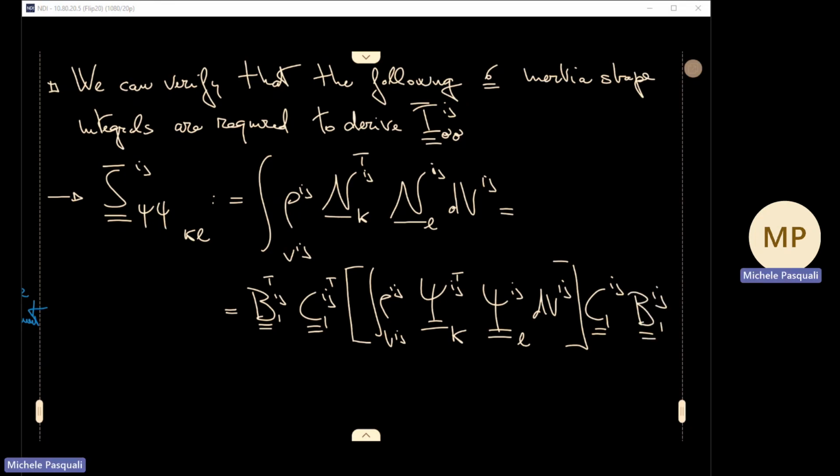So what are these K and L? These are row vectors, not column vectors. This is the kth or the lth row of the element shape matrix Psi. When you perform this matrix multiplication, you don't have a scalar quantity, because these are row vectors. You get a matrix.